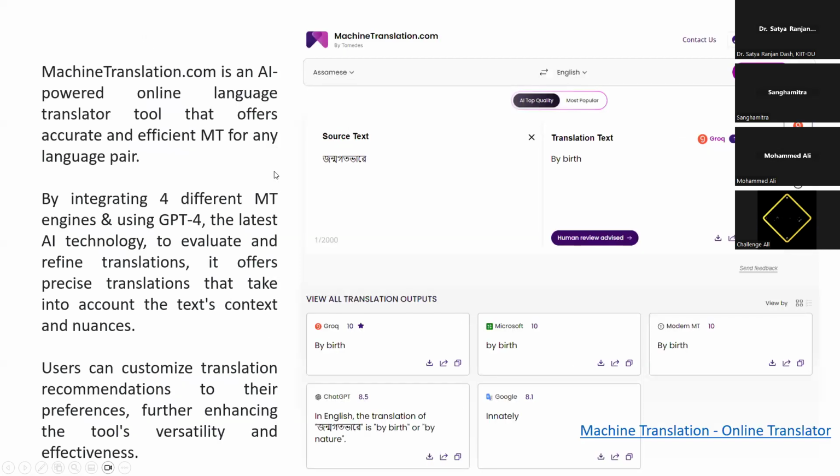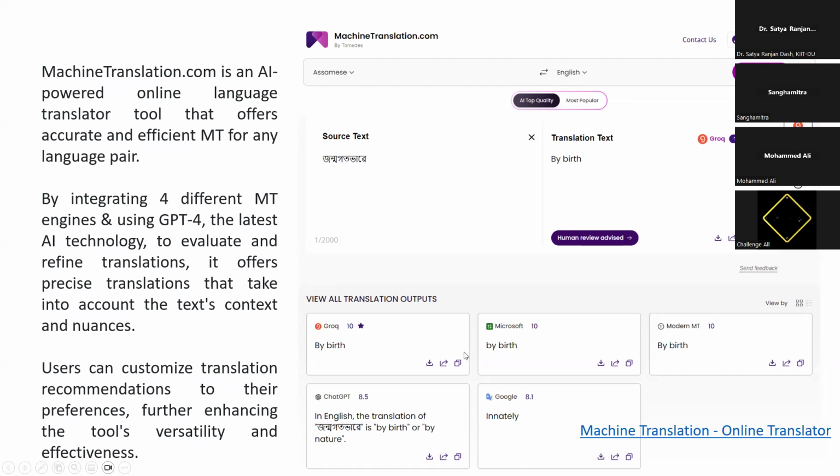So here is an example of a text-to-text translation system which is available online. The link is provided. Since I'll be sharing the slides, you can refer to this link. This is an online translator where you can select the language and then give a particular source text. And then when you select the target language, the text in the source language will be converted to text in the target language.